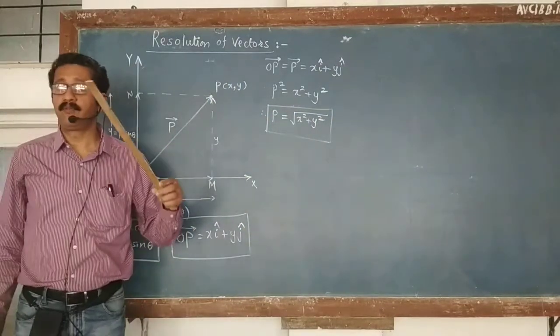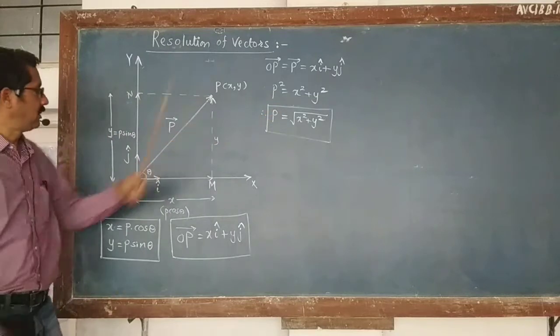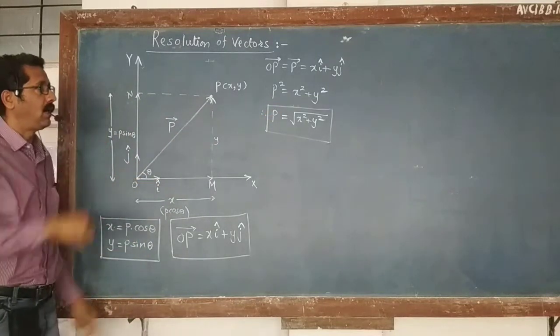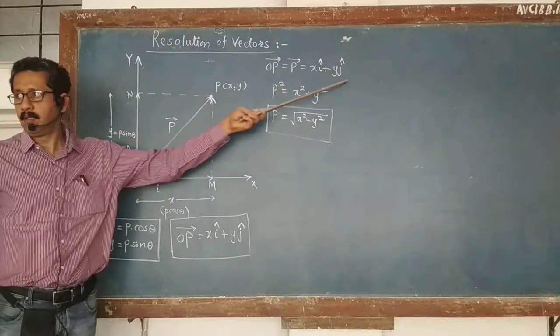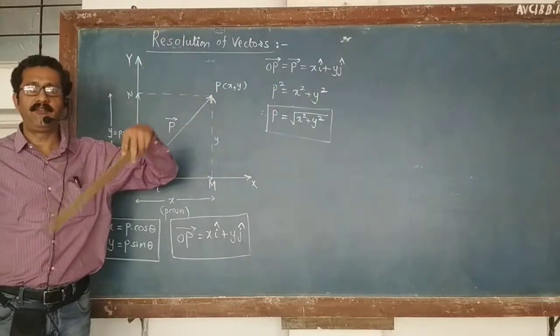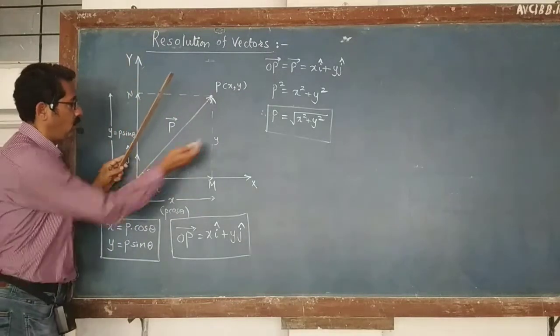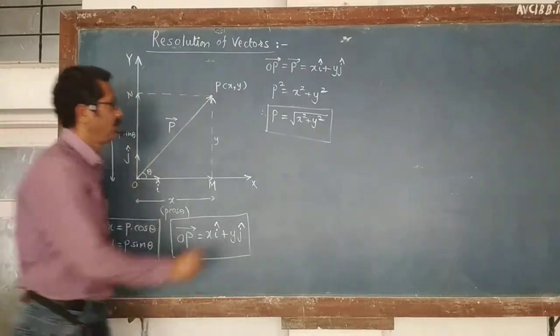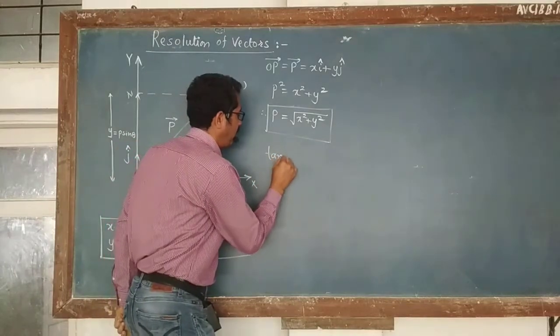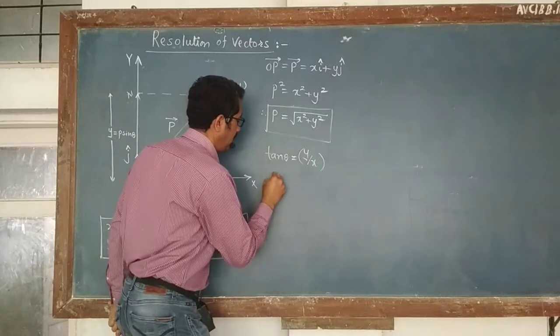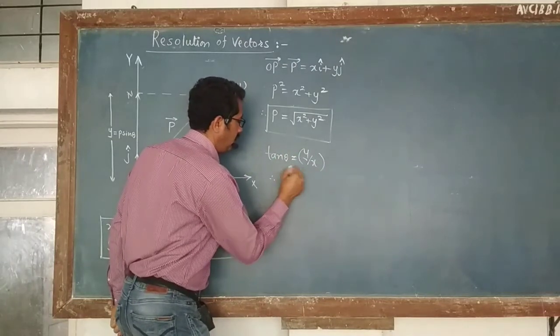Now what is the value of the angle made by such a vector? That angle is equal to theta. And what do I know? I know the coordinates x and y, so I can easily find the angle theta. Then tan theta is equal to opposite upon adjacent. Here opposite is y divided by adjacent is x, and therefore tan theta is equal to y by x.